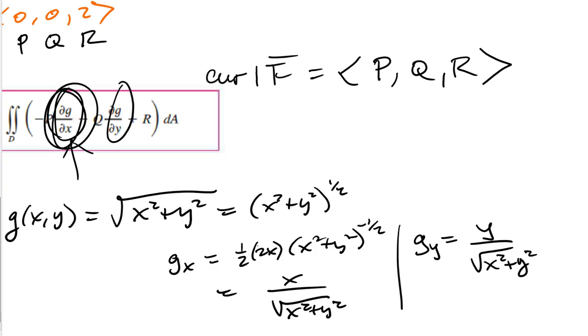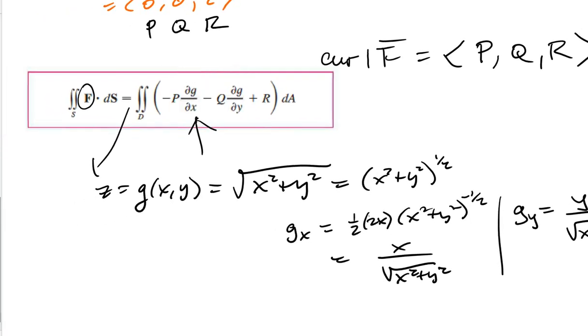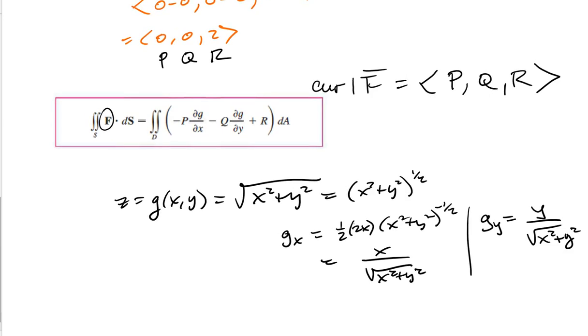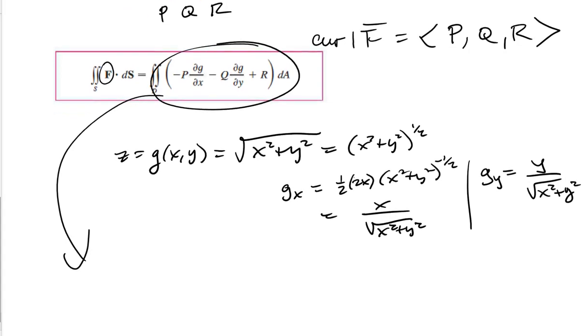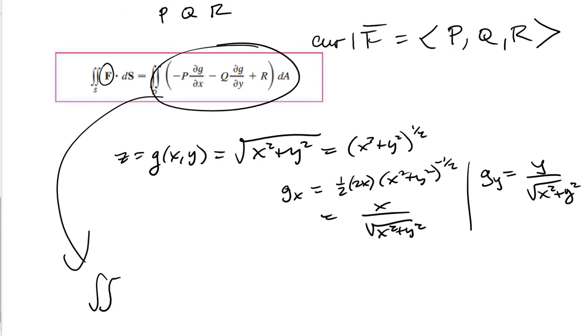So we don't need to worry about that because Q and P are both 0. So when we do this integral, we'll get double integral of negative 0 times g sub x. I'll just write g sub x there. Minus 0 times g sub y, what we found there.